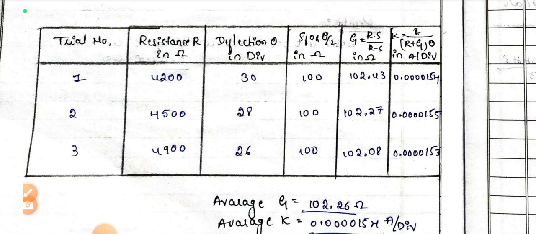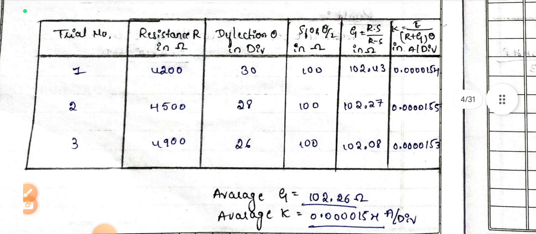Here the first reading is R equal to 4200, deflection 30, S for theta by 2 is 100, and G is calculated as 102.43, and finally the figure of merit is calculated as 0.0000154.